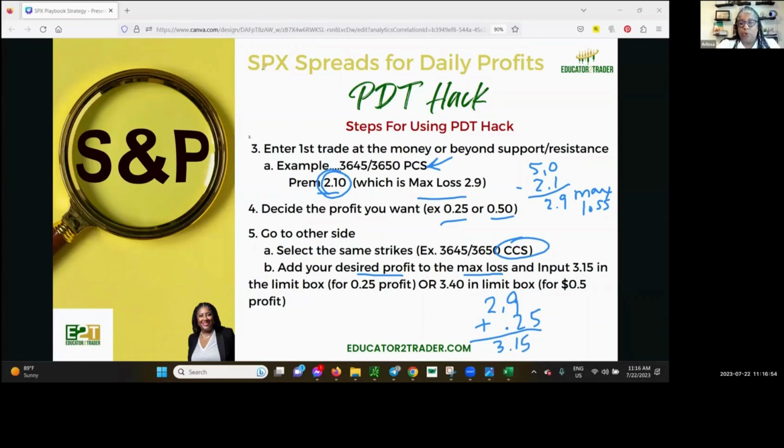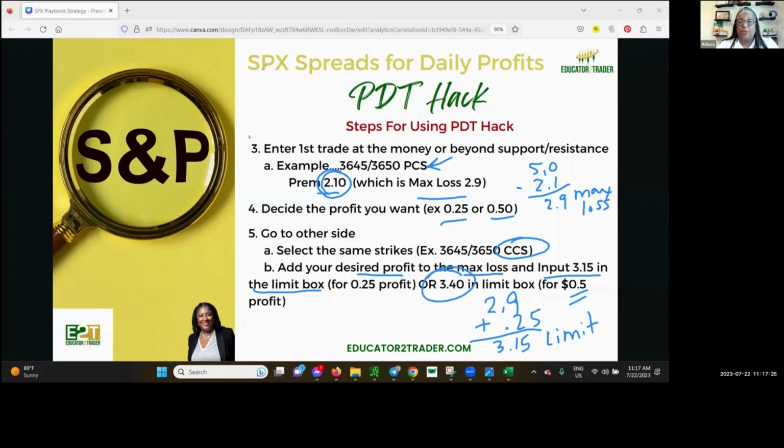This is your new limit box, or what you're putting in the premiums box if you want to lock in a profit of $25. This is your second trade. You're putting 315 in the limit box for the call credit spread side. If you want to take in $50, then you're putting 340 in the limit box.